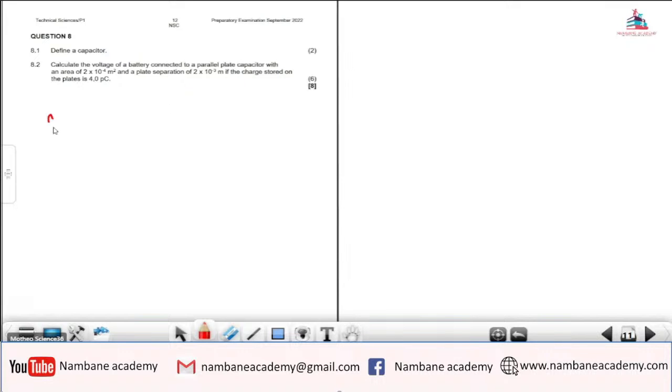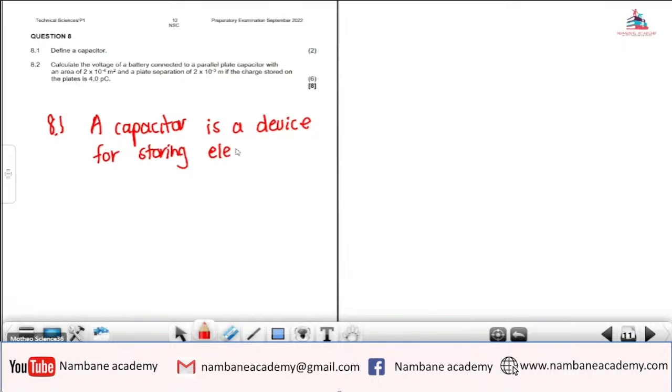So 8.1 is our beloved definition, and that is: a capacitor is a device for storing electrical charge. Charge. 2 marks are yours. No matter what happens in other questions, these 2 marks are yours.